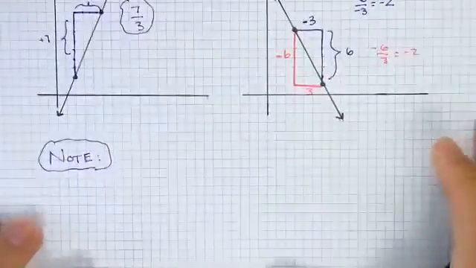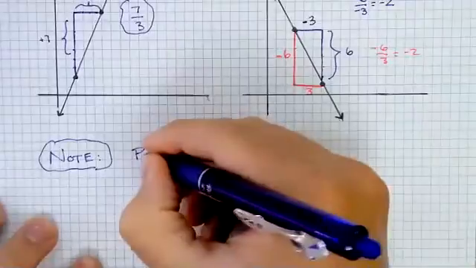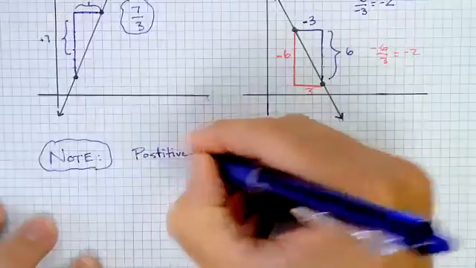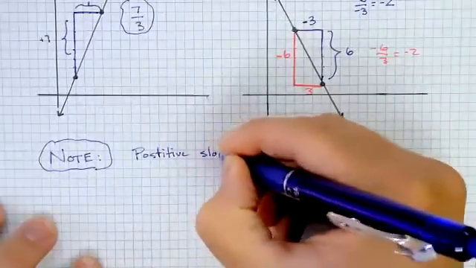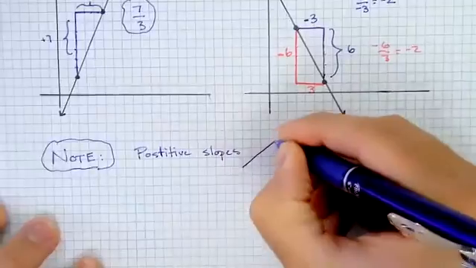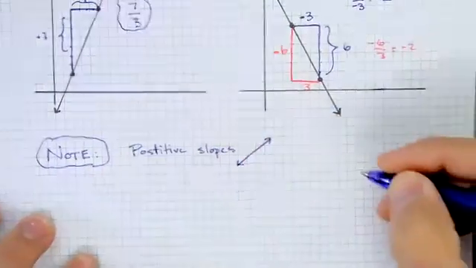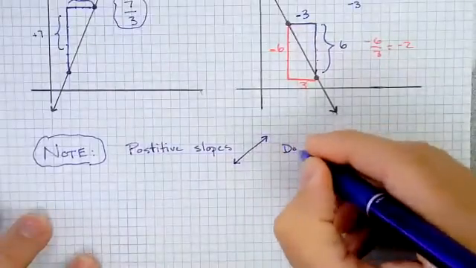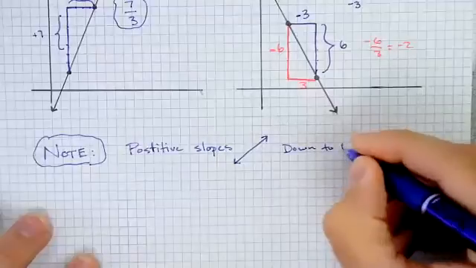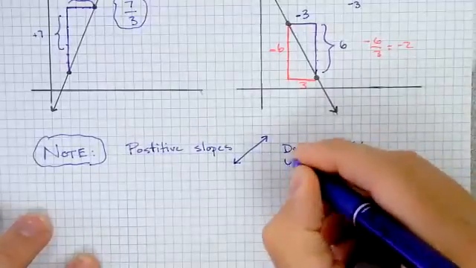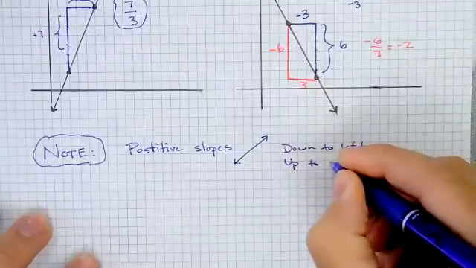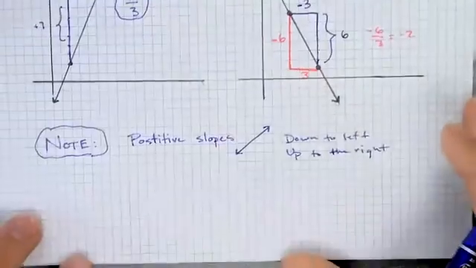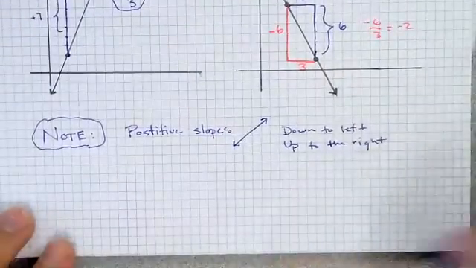Okay, but one important thing to note, positive slopes look like this, where they're going down and to the left, up and to the right.